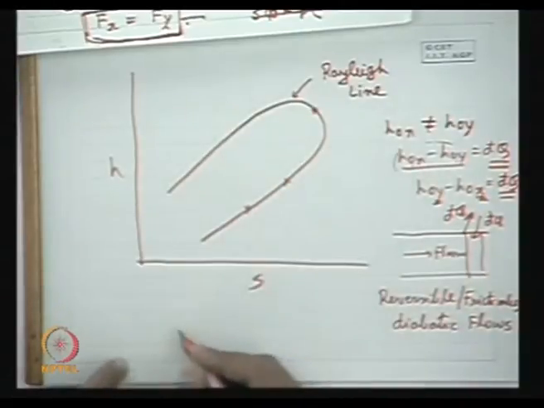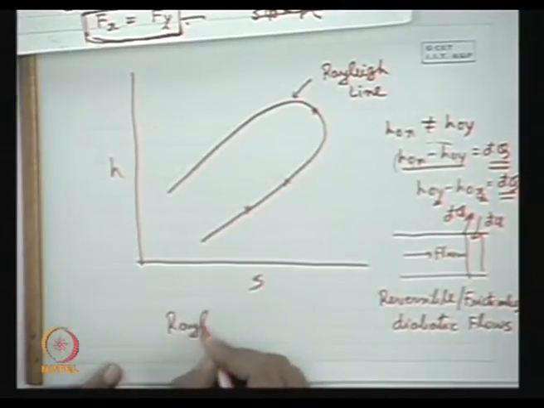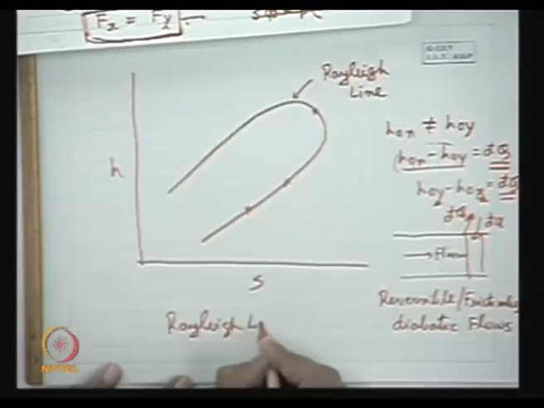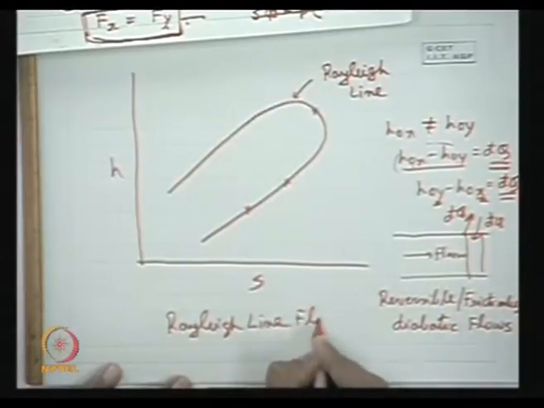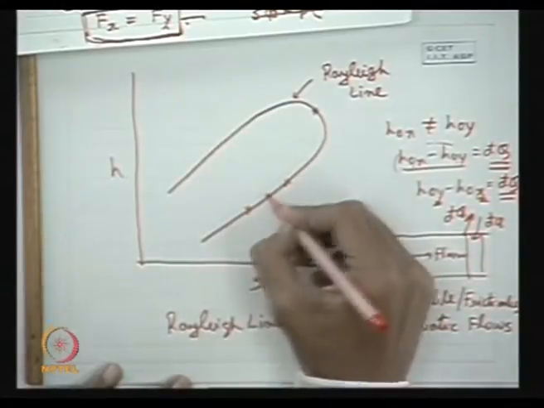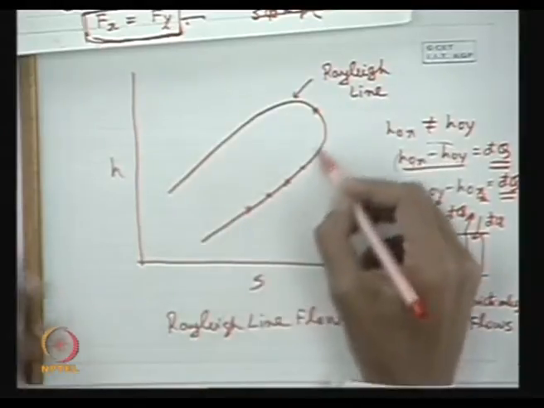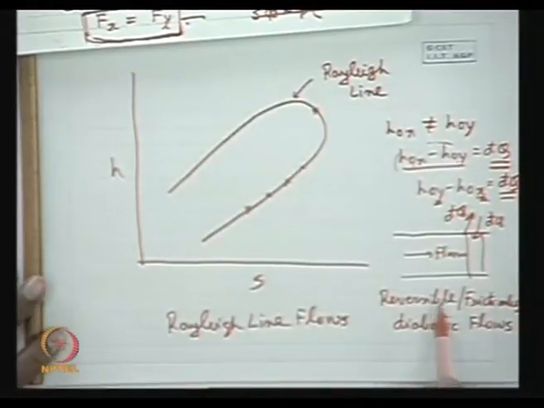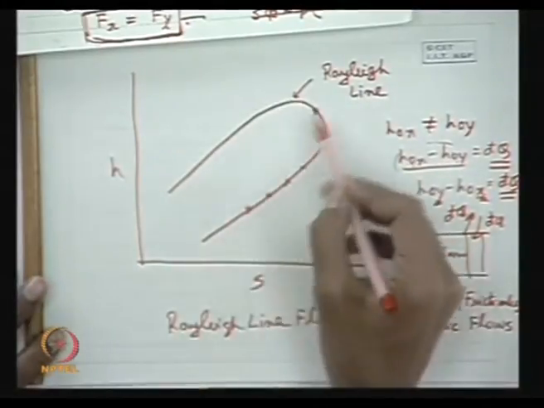These are known as Rayleigh line flows. Here the points represent the locus of state points in a flow without friction but with heat transfer.